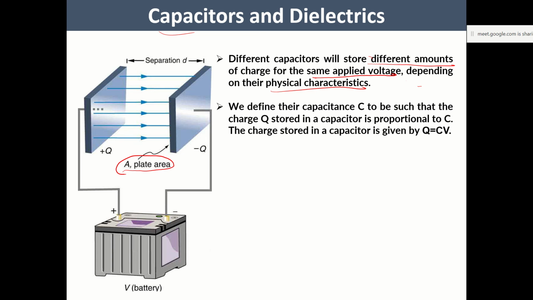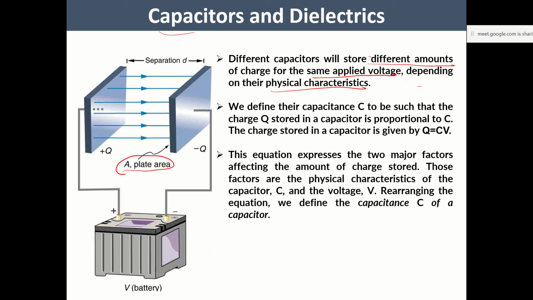The material we place in between is called a dielectric. The insulators that we are talking about are known as dielectrics. So the major factors, Q is equal to CV, we know that.